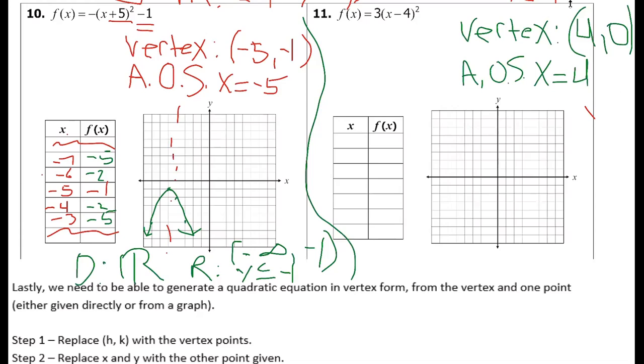Oh, and sorry, Aslan, I just saw your question. She asked how I got this -1. I'm guessing for the range here, right? If you're thinking of interval notation, it goes from negative infinity up to -1, which is the highest it goes on our y-axis. Oh, I just realized I was covering it with my mouse. On our y-axis, the highest our graph goes is here at -1.